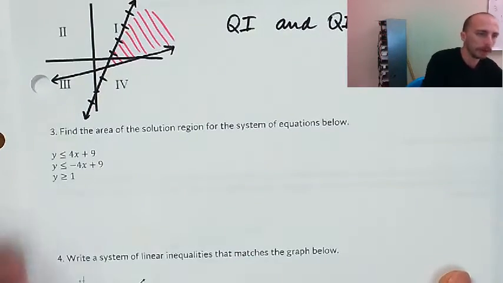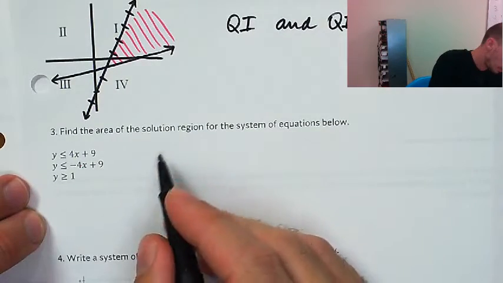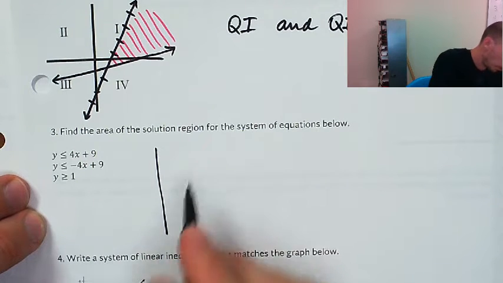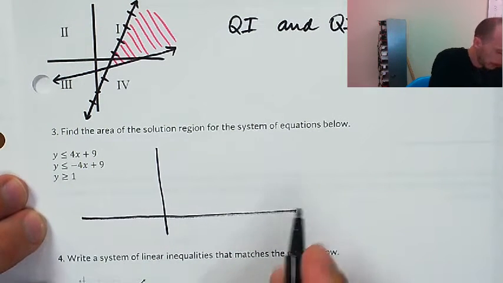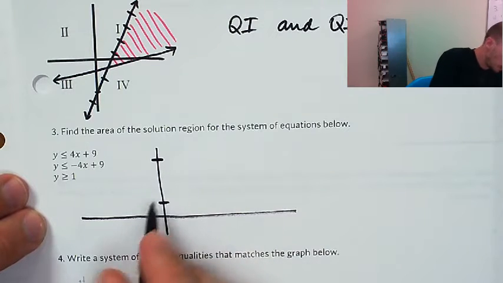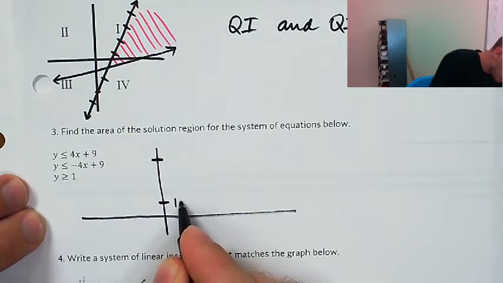Okay, now we're going to find the area of the solution region to this. All right, I know what this is going to look like. All right, negative 4x, plus, so y equals 1 is going to be right here, and I'm going to draw that in.